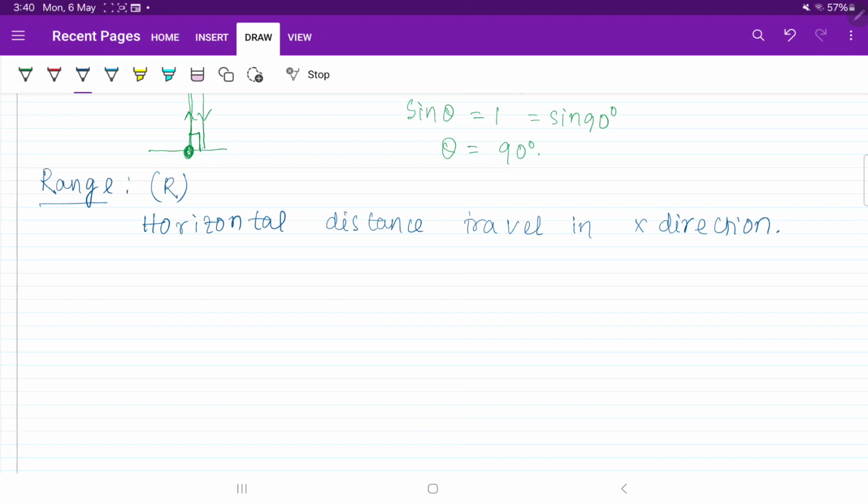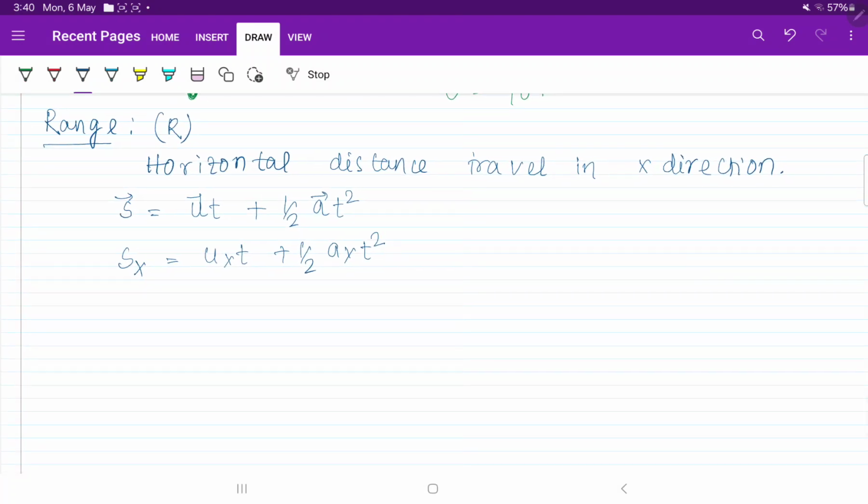So to derive the expression for the range of the projectile, simply we can write the second equation of motion, that is s is equal to ut plus half at square. As the motion is taking place in the x direction, we can write sx is equal to uxt plus half axt square. We know that there is no acceleration along the x direction, so ax is 0.